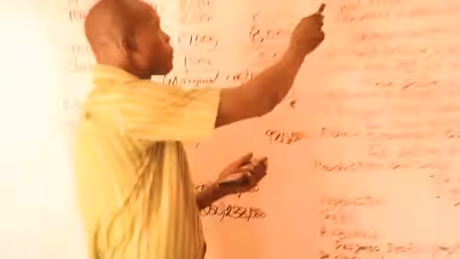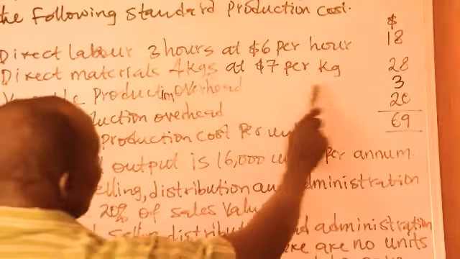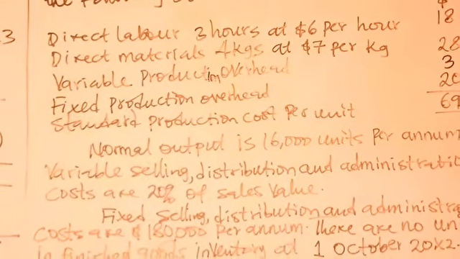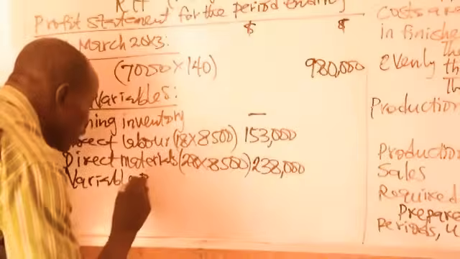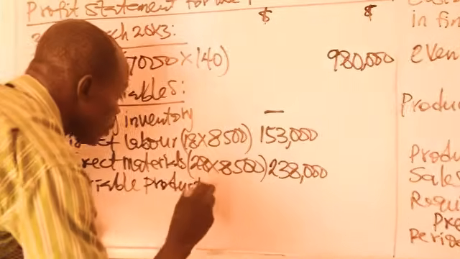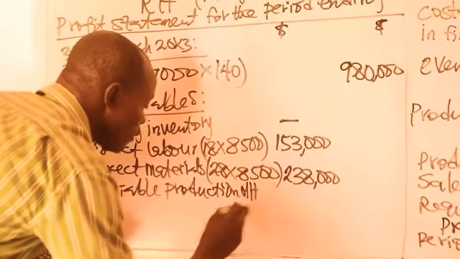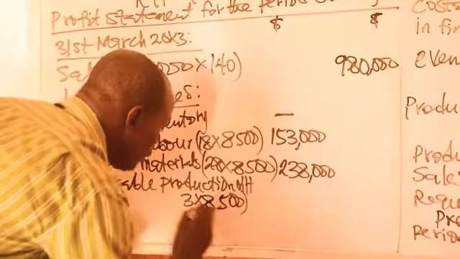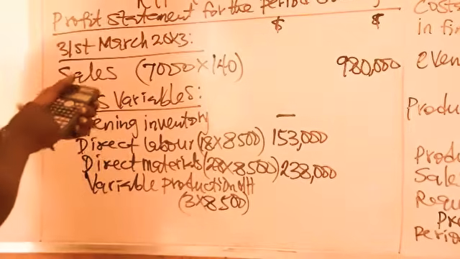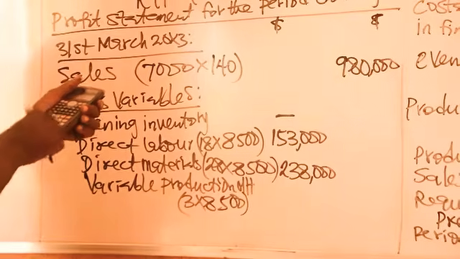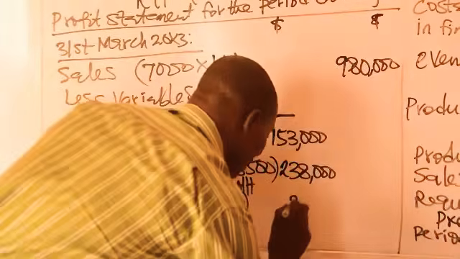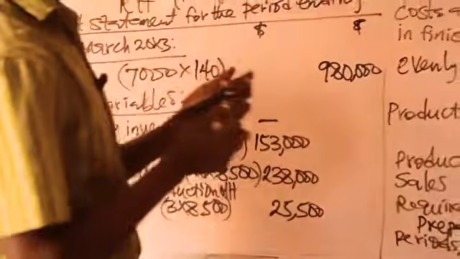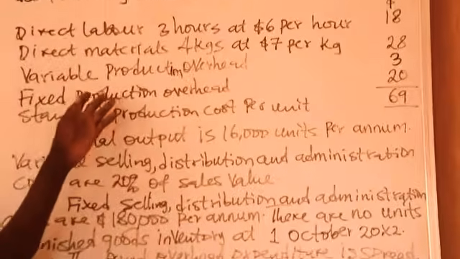The next one is variable production overhead of $3, 3 times the units produced of 8,500. That is 25,500. Now, no other variable cost here.